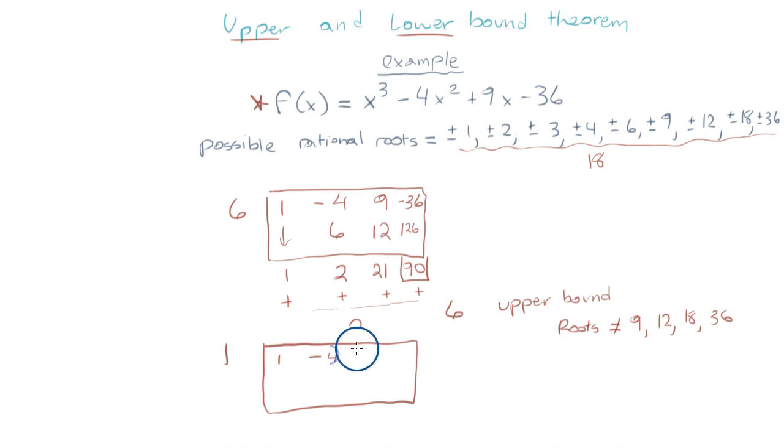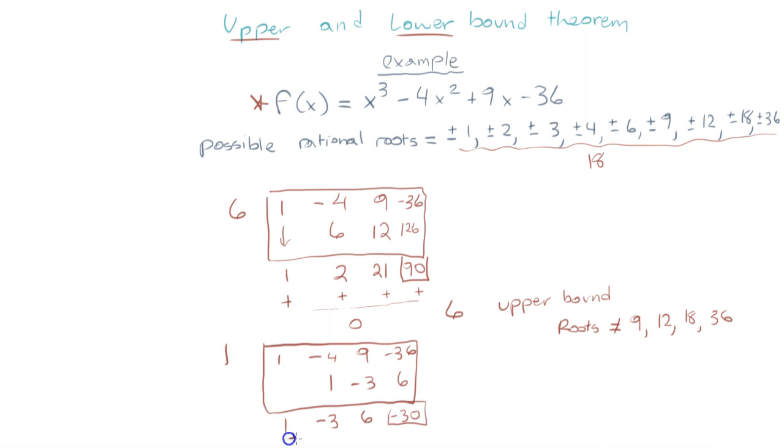So if we use synthetic division, testing 1, I'm going to get 1, then -3, -3, +6, +6, -30. We see from our result here that our remainder is -30. That means 1 is not a root.